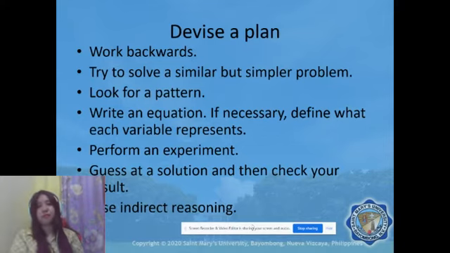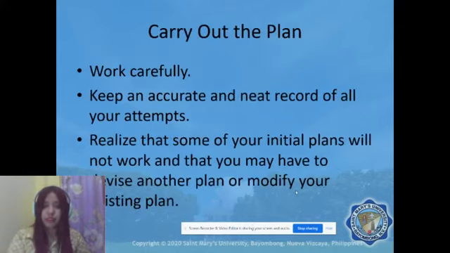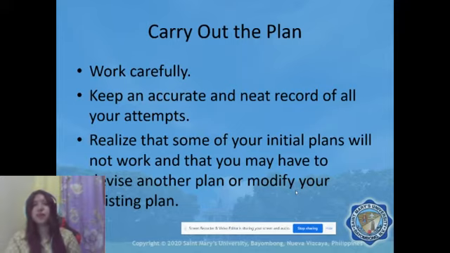You can also perform an experiment, or guess at a solution and then check your result, and also use indirect reasoning. These are the most commonly used strategies in problem solving. If the strategy that you use is well fitted, the more likely you are to get the correct answer.